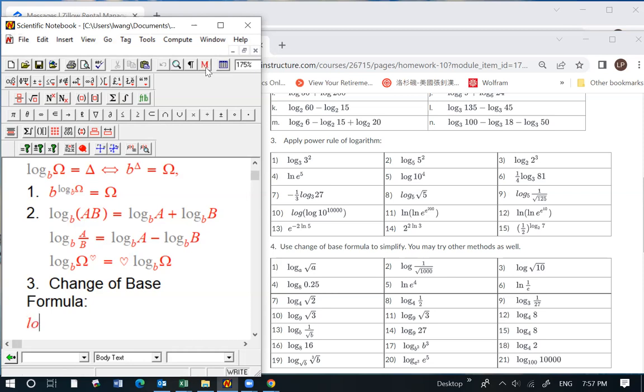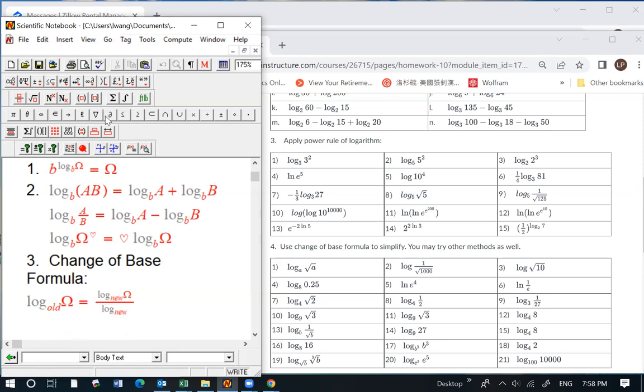Basically, it goes like this: if we have an old base on omega, it equals log base a new base on omega still. The denominator is going to be log of the same new base on the old base. So this is the change of base formula.